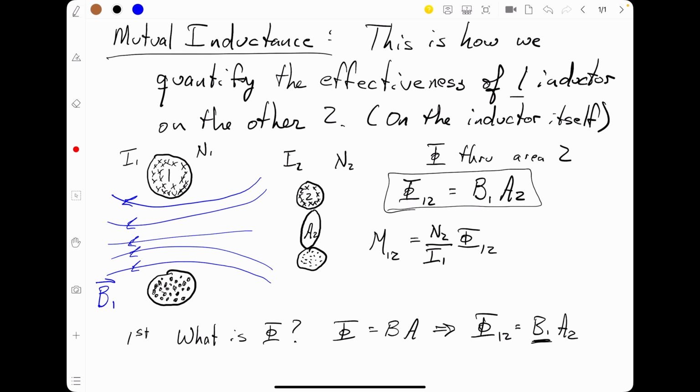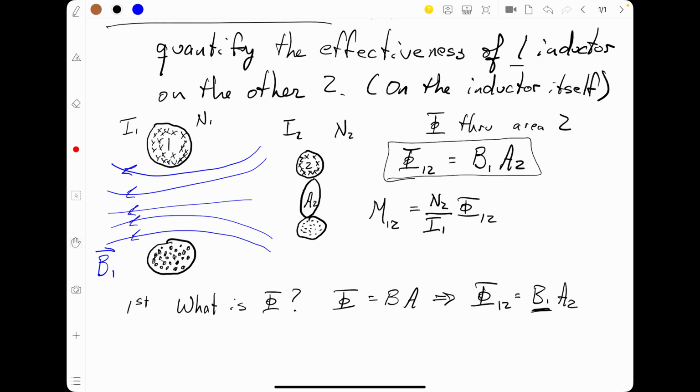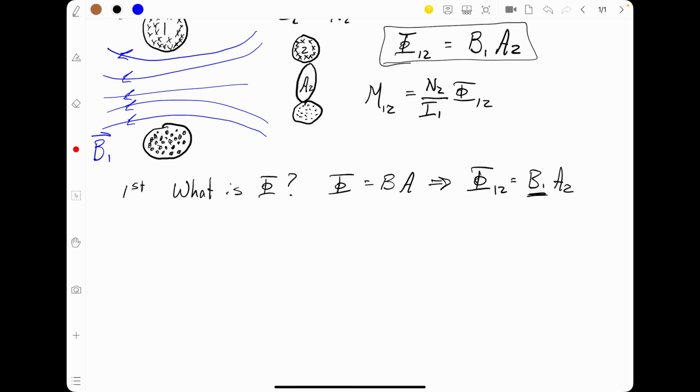Okay, so that will generate more. What produces the I1 to B field? So the B1 B field is produced by I1. Okay?